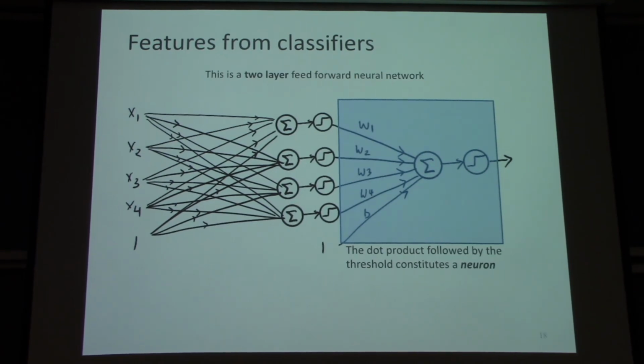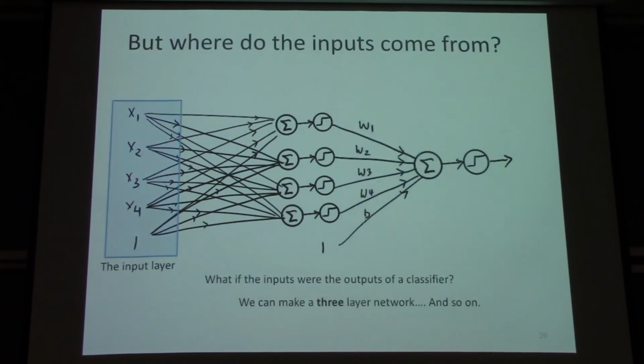A single neuron is, in this case, a dot product followed by, in this specific case, a threshold. The dot product followed by a threshold, for the purposes of the next 3 minutes, we'll call this a neuron. So in this picture here, there are 5 neurons. There are 4 in the hidden layer and 1 output.